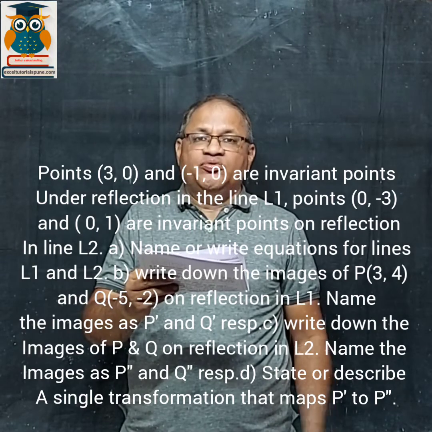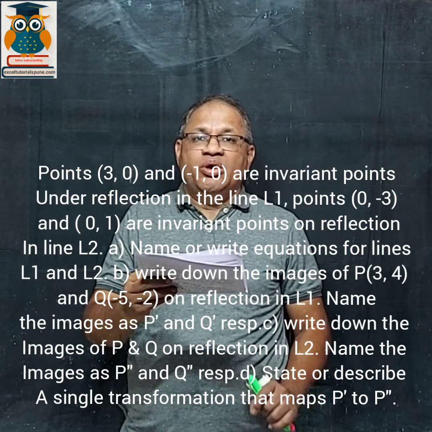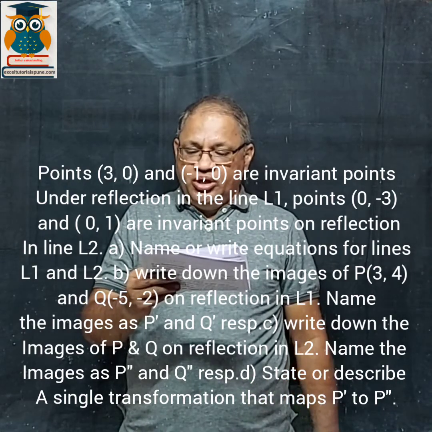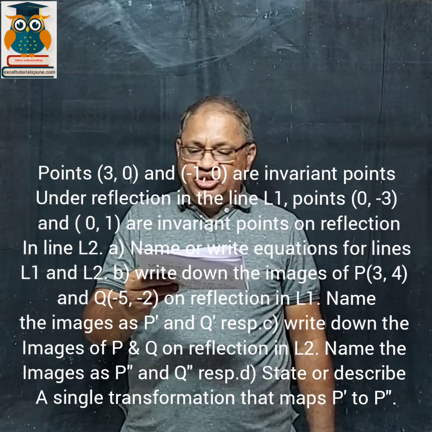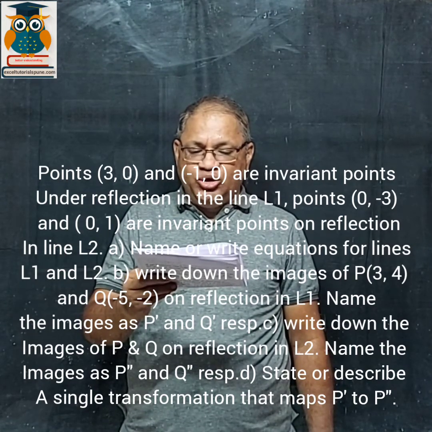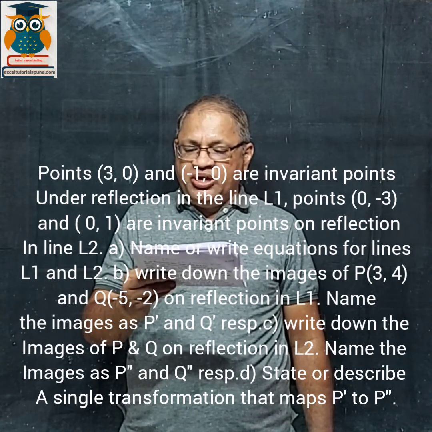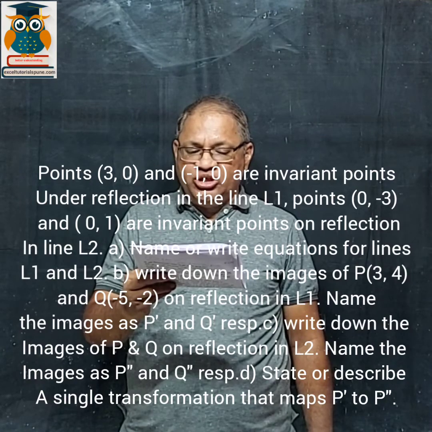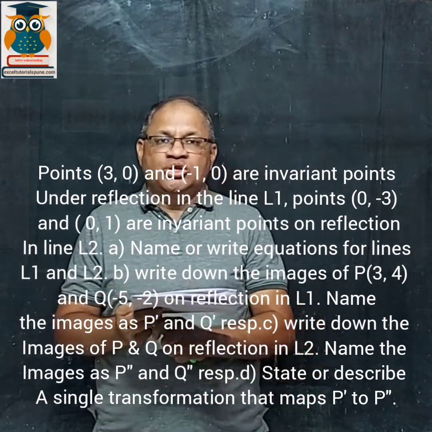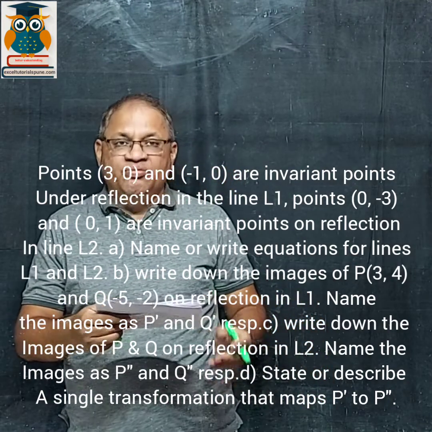So these two coordinates you have to reflect in L1, whatever axis L1 undergoes the reflection. Name the images P dash and Q dash respectively. Write down the images of P and Q on reflection in L2. Name the images P double dash and Q double dash respectively. State or describe a single transformation that maps P dash to P double dash. So these are the various set of questions which are asked.